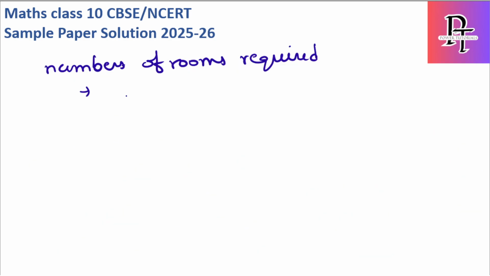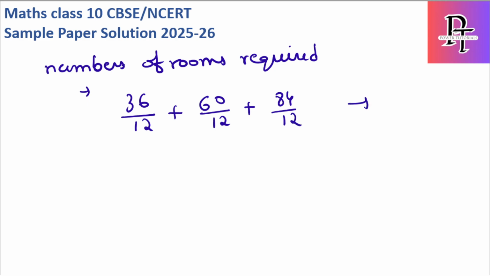So it is 36 by 12 plus 60 by 12 plus 84 by 12, and this step you will get 1 mark. The final answer will get only half mark. So 12 3s are 36, 12 5s are 60 and 12 7s are 84. So the final answer is 15, and this carries half mark.